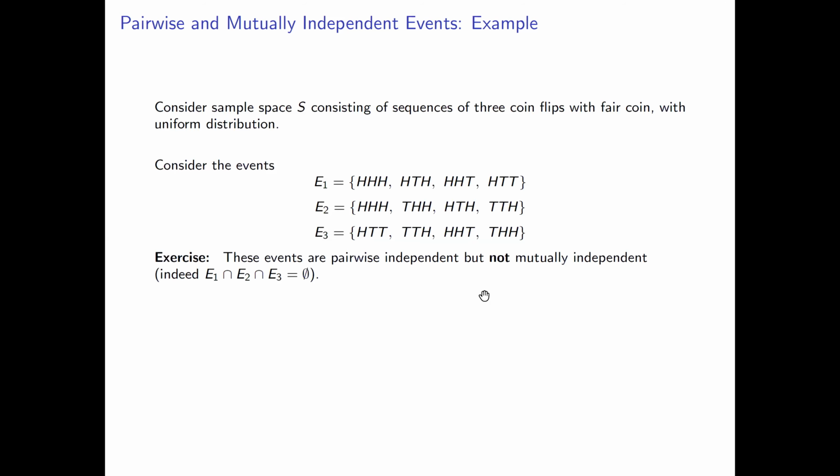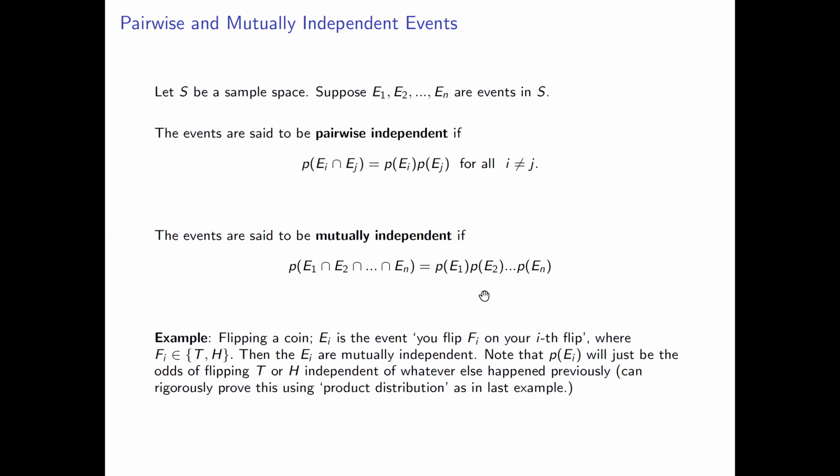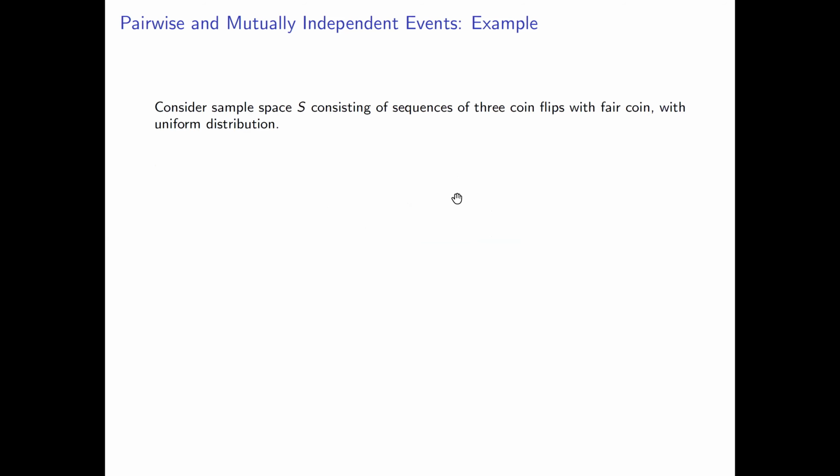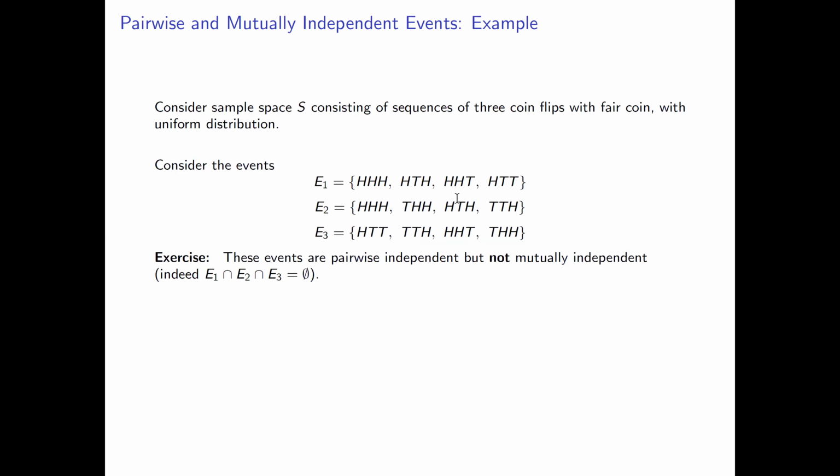You can check as a simple exercise, maybe if you want to pause the lecture right now, that these events are pairwise independent. You just want to check that if you pick any 2 of them, and look at the intersection, I can compare the probabilities in this way. It's not too hard to check that for this example. The aspect that's a little bit more interesting is that these events are in fact not mutually independent.